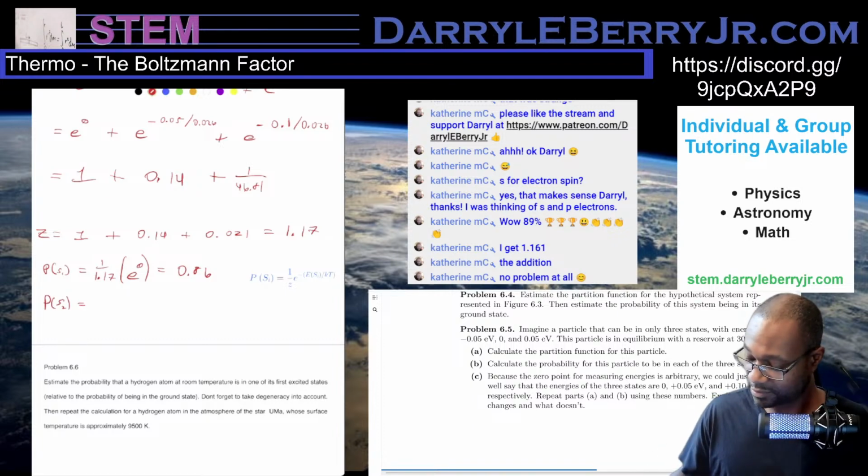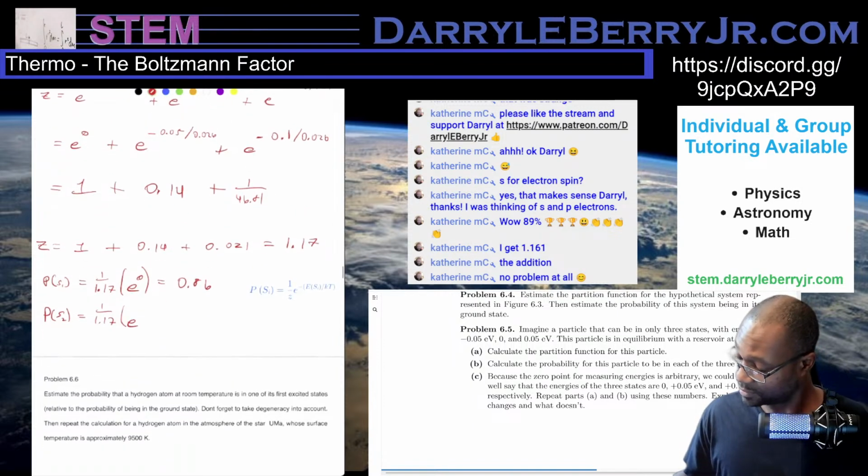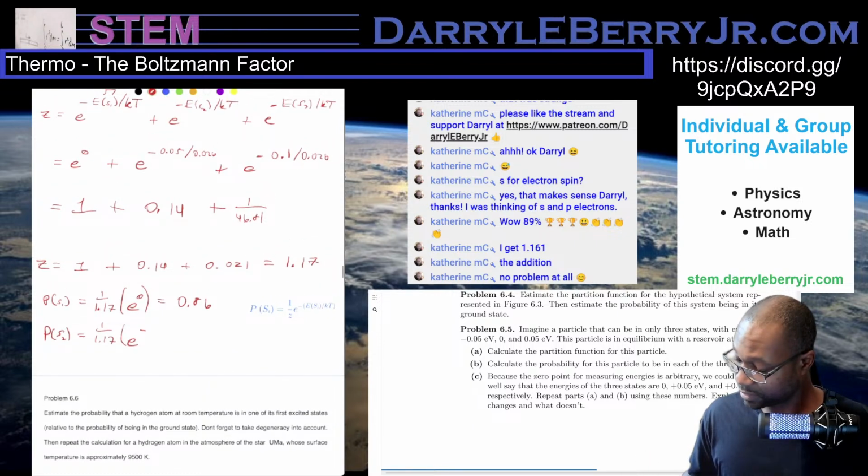All right, probability of S2. So this is 1 over 1.17 times E, and that's going to be negative. So the second one, oh, and I calculated that as well, didn't I? 0.14. Actually, let me just type these things in.